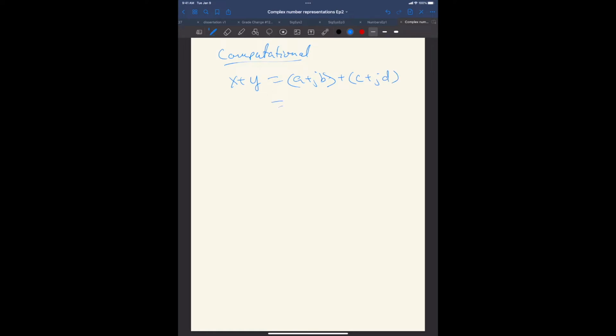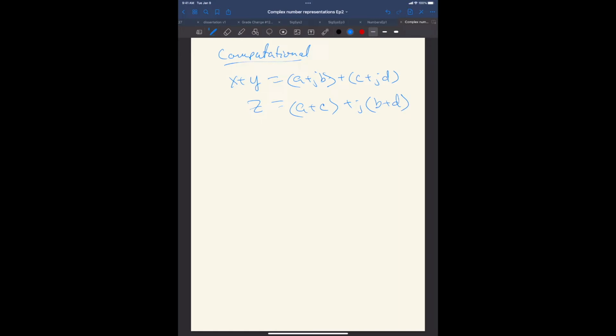Then we all should know that you add the x coordinates, which in this case are the real parts, a plus c, and you add the y coordinates, which in this case are the imaginary components, b plus d.